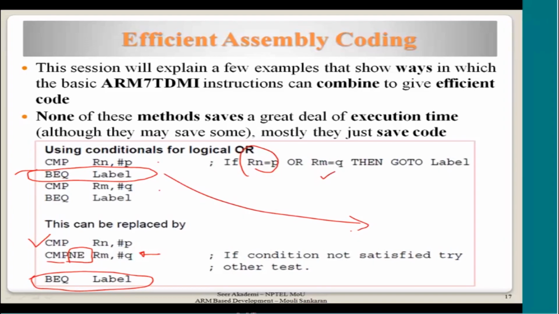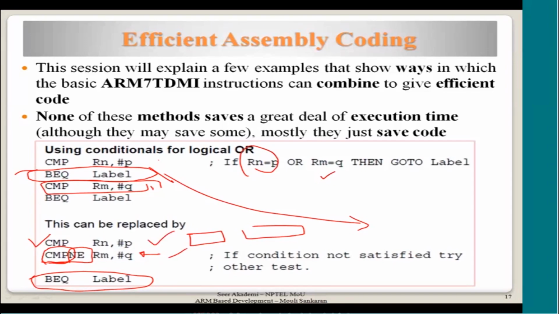Now what is the advantage? First of all, the code size is saved now. So you have saved one word of instruction, okay. You have not removed this, but you have removed one label. And then how much extra time are you spending? One cycle in the pipeline, okay, because this compare instruction has come into the pipeline and then it is not getting executed if this happens to be true.